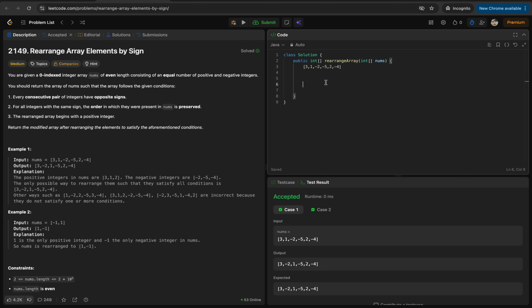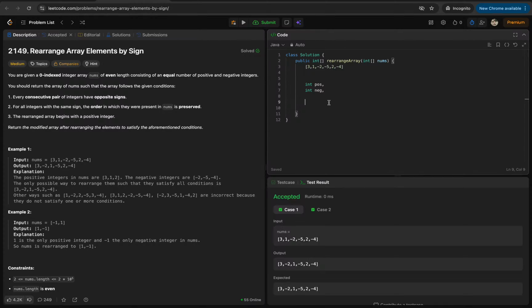Then what we can do is we keep track of positive and negative. So int positive and int negative. Two pointers, positive and negative. And at each iteration we increment it by +2, not +1, we increment it by +2 if the value is filled.